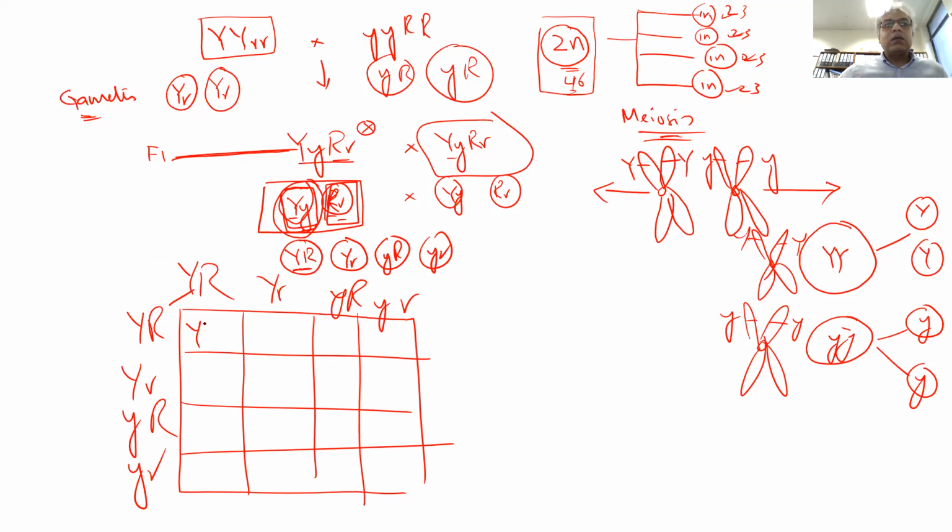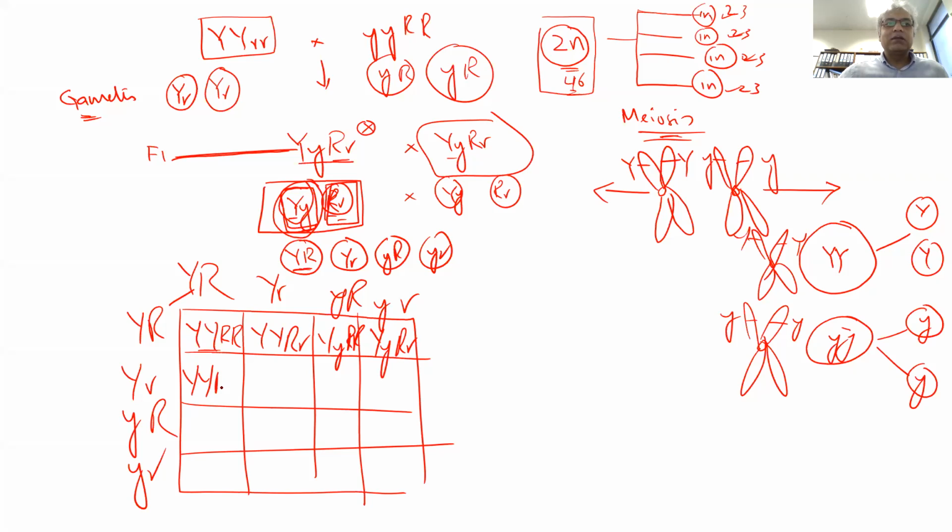Now I write down the genotype and all of you speak up the phenotype. The phenotype? Yellow round. Good. So keep speaking as I'm writing the genotypes. Keep speaking.